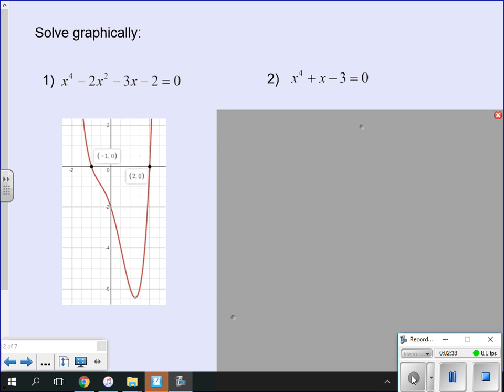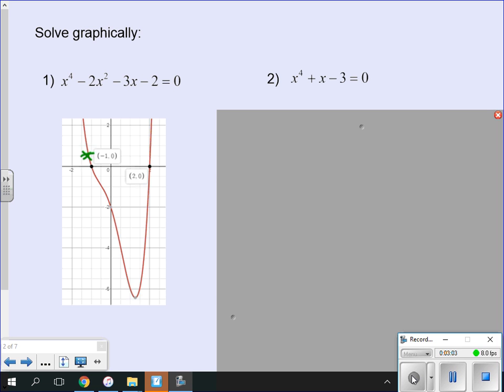You don't have to look for them. For the TI, the instructions say when you hit root, you have to move the cursor to a particular spot to the left of where you think the 0 is. Not on the 0. It has to be the x-coordinate to the left of the 0. You hit enter. That establishes your left bound.